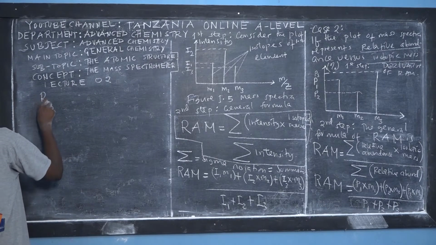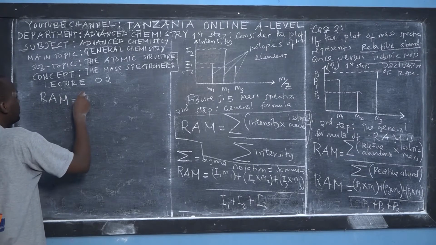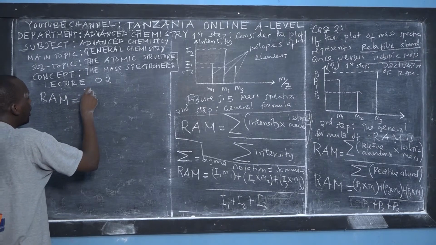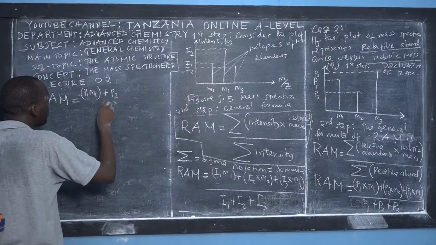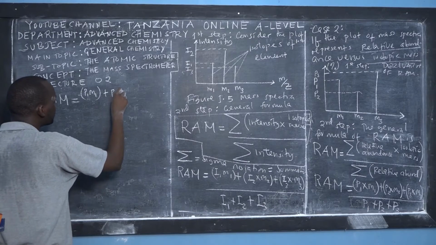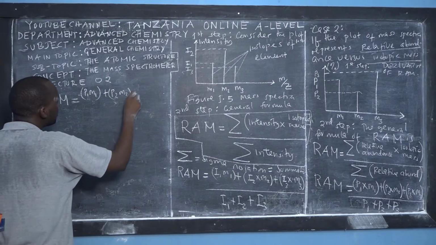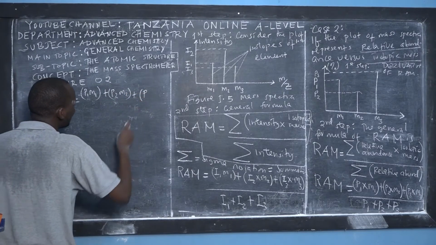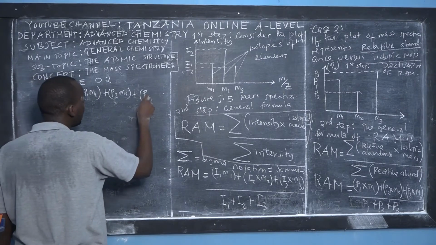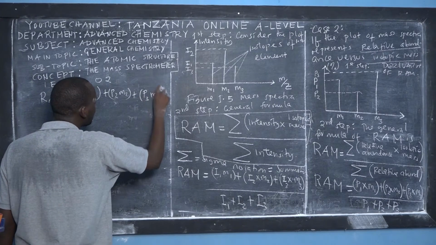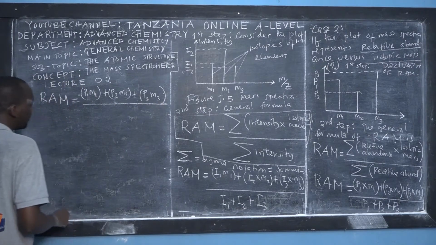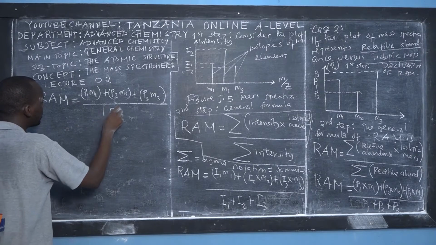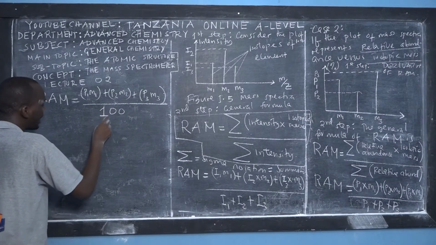Okay, so from that deduction, relative atomic mass is equal to relative abundance 1 times M1 plus relative abundance 2 times M2, plus relative abundance 3 times M3, divided by the sum of the percent relative abundances, which is always 100.